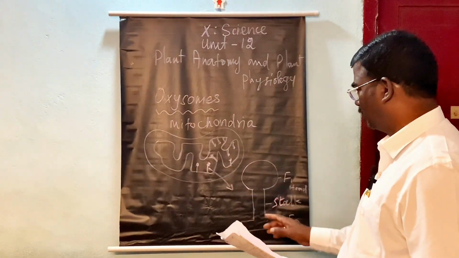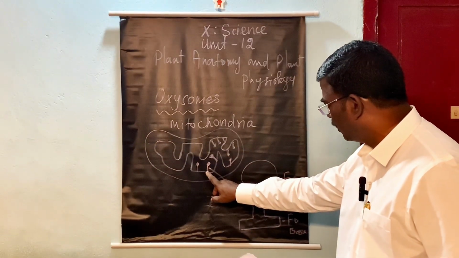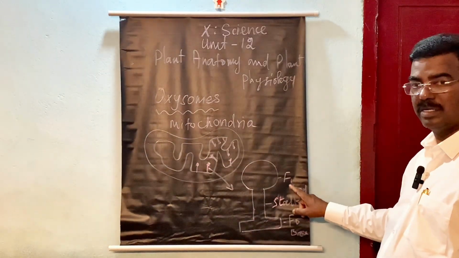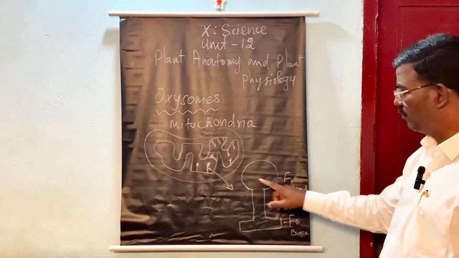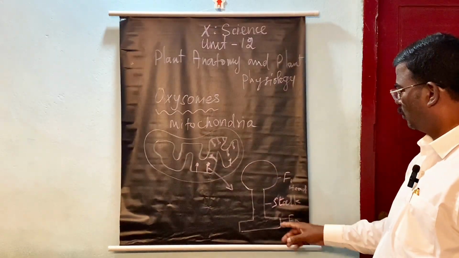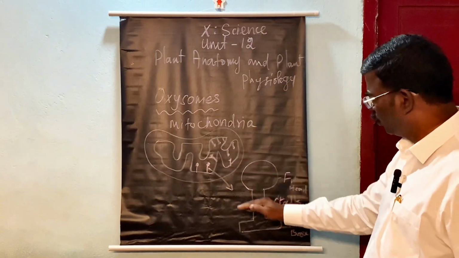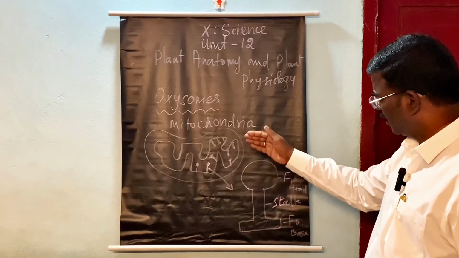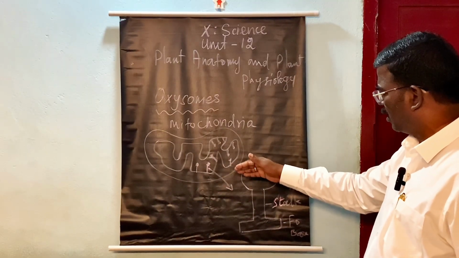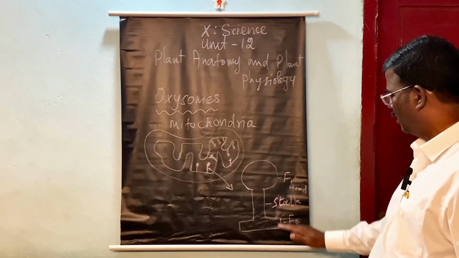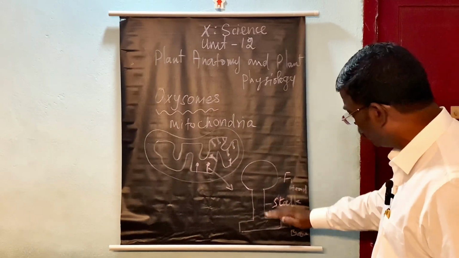When we enlarge this finger like structure, you will see a picture like this. So one point, the oxysomes are present inside the mitochondria, particularly on the inner membrane.